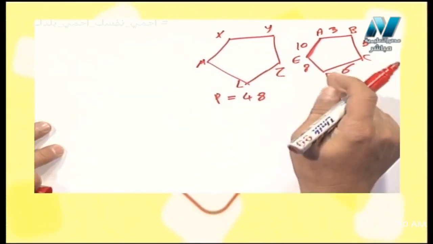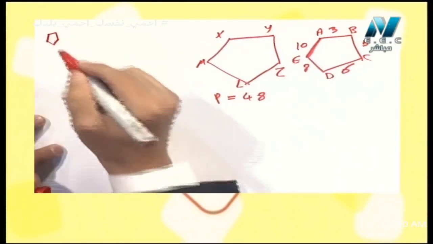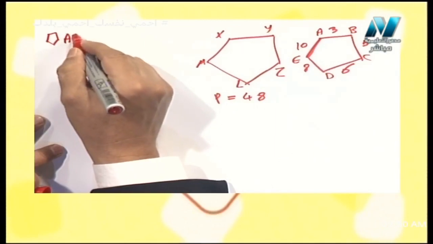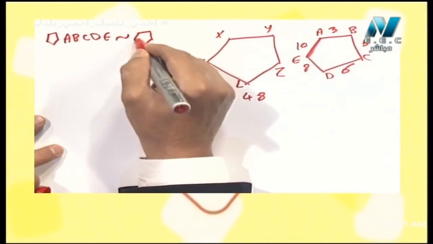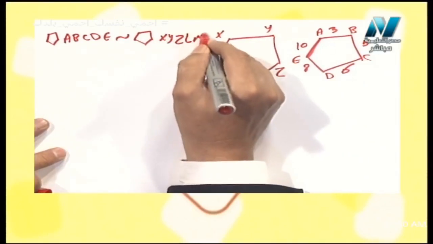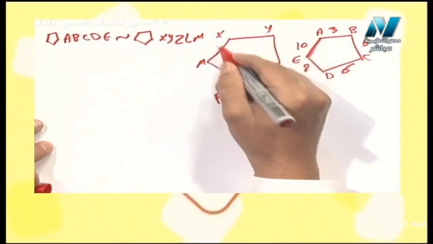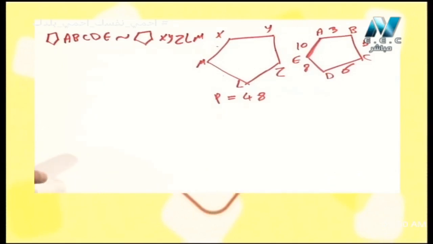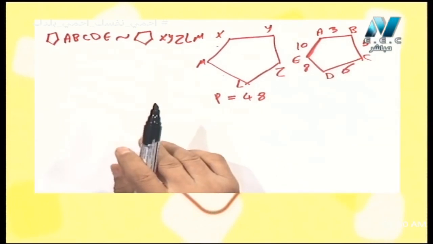The two pentagons here are similar, so pentagon ABCDE is similar to pentagon XYZLM. The request is to find each side here. He gave me the sides of the first one.